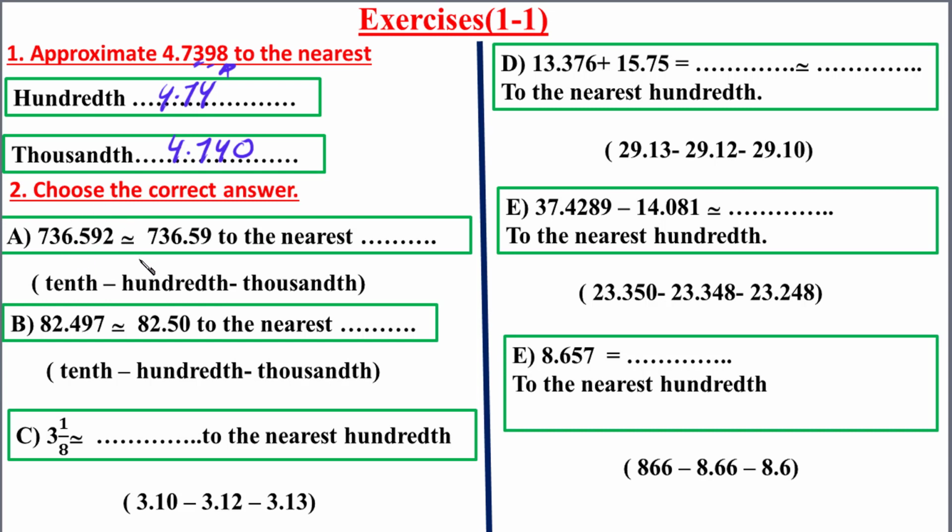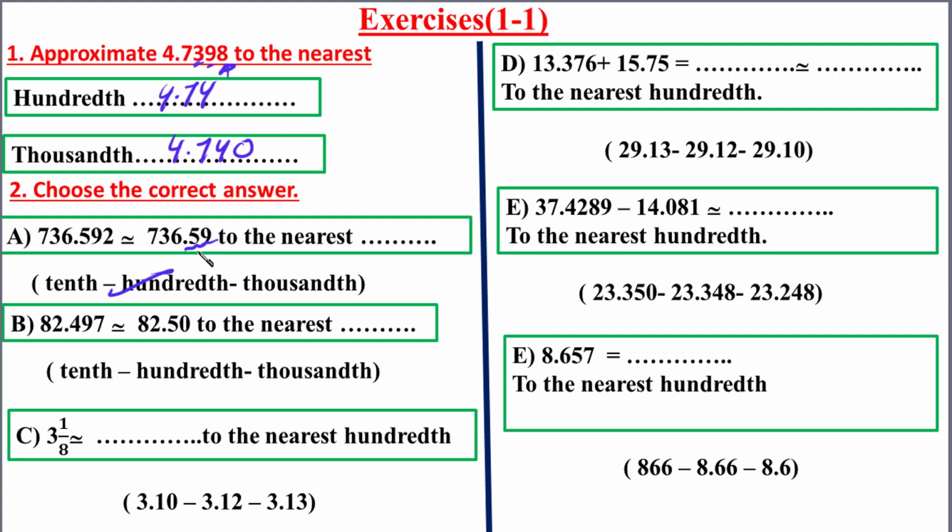This number approximately equals 736.59 to the nearest. Look, after approximation here we have two decimal places. If we have two decimal places, this number is approximated to the nearest hundredth.